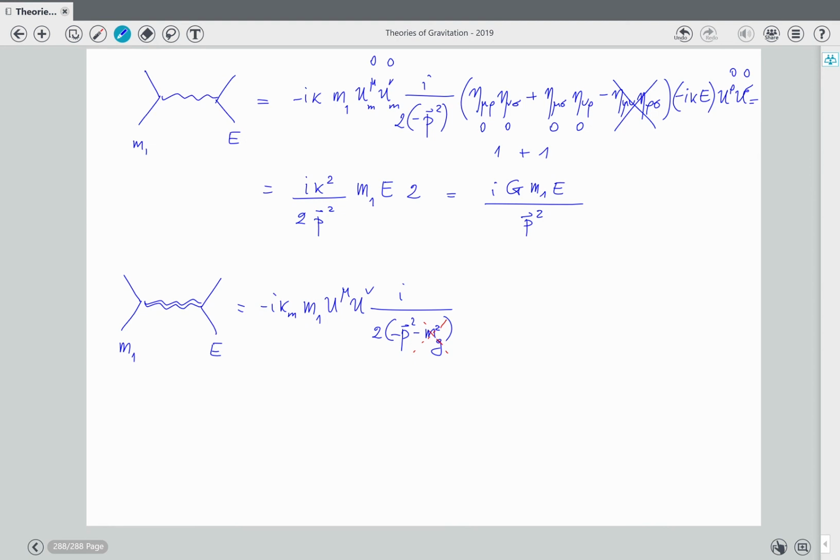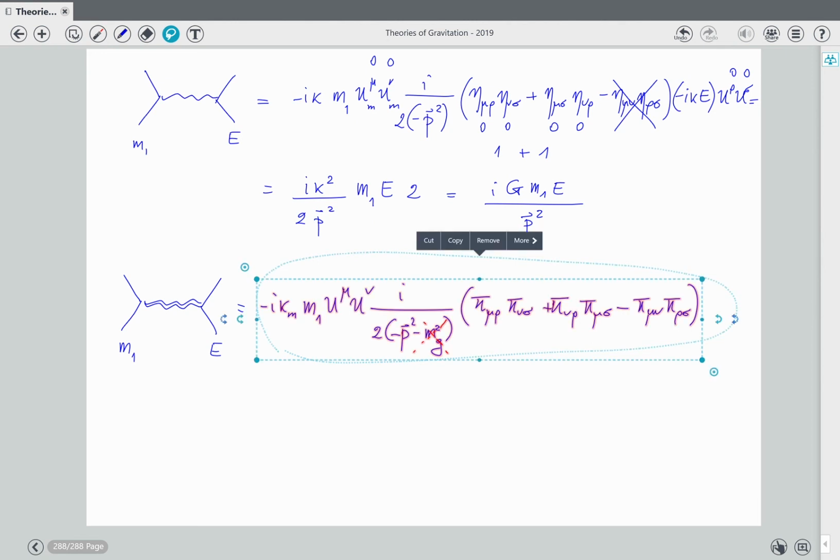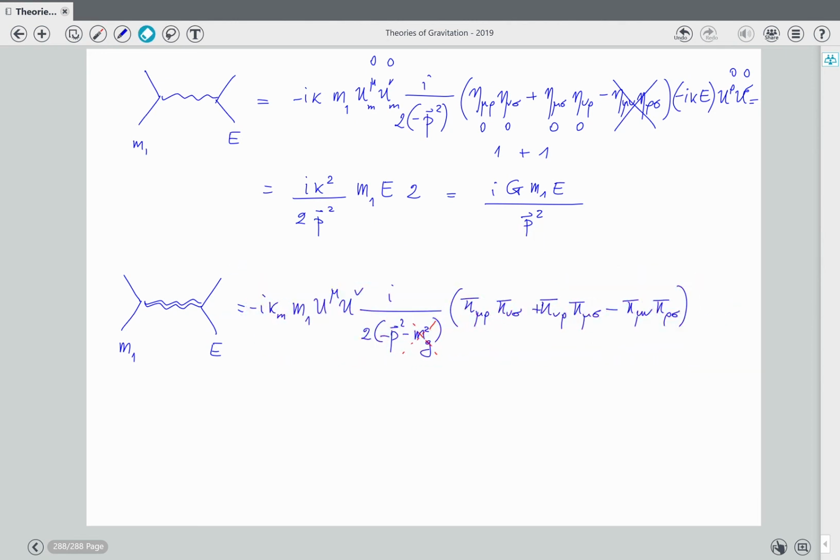The difference is that you have these pi's: pi mu rho, pi nu sigma, plus pi nu rho, pi mu sigma, minus pi mu nu, pi rho sigma. And that multiplies minus I kappa m E u rho u sigma.